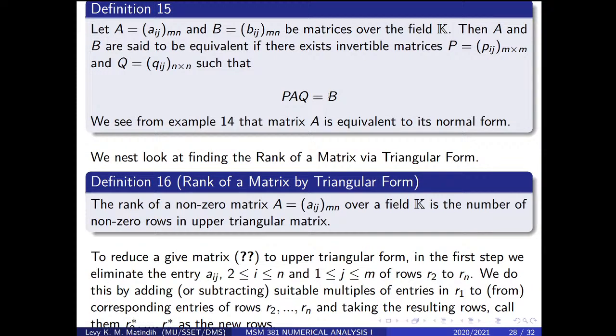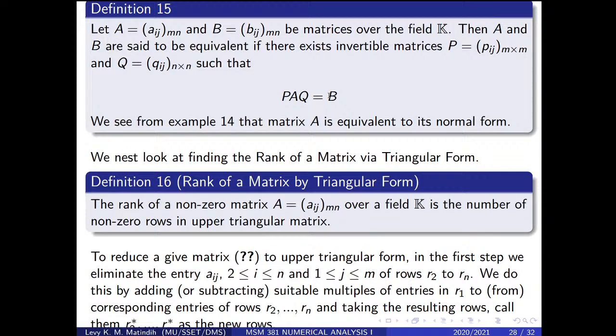So we see from example 14 that the matrix A is equivalent to its normal form. It's row equivalent to its normal form, because you can write the normal form of matrix A as a product of invertible matrices, which is P, A, and Q. Q is invertible, P is invertible.